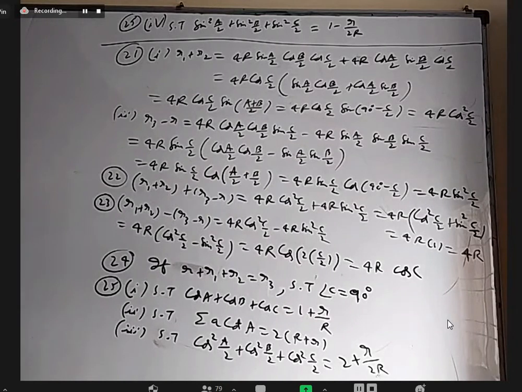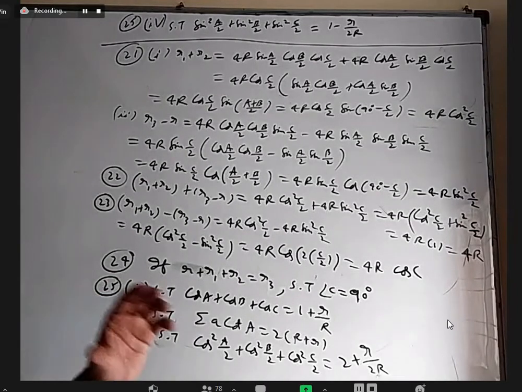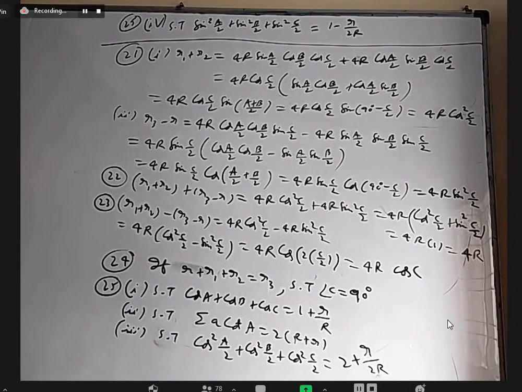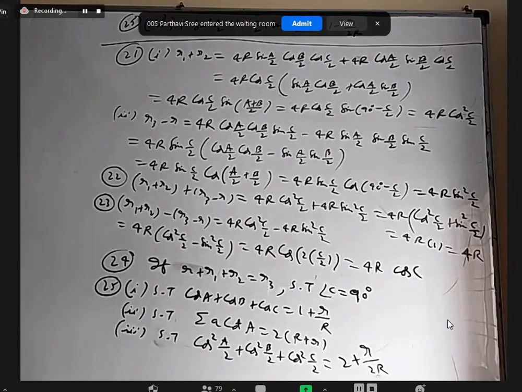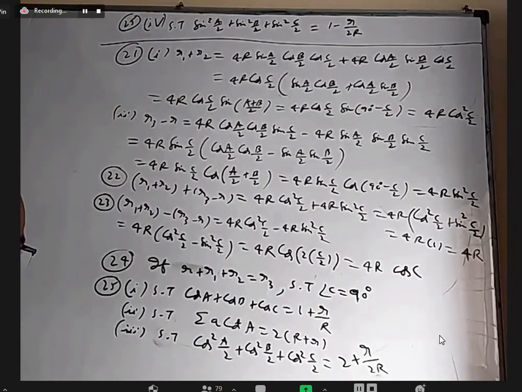Actually, in some countries, you are expected to purchase graphic calculators, where you type in the equation and the graph comes on the screen. There will be questions based on that, so people have to bring calculators to the classes. But in our system, we don't have that, so we don't need to.